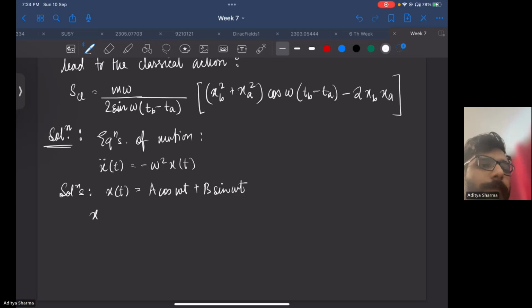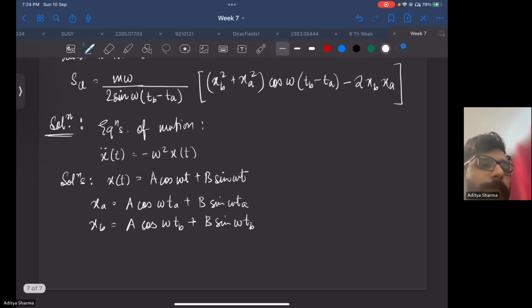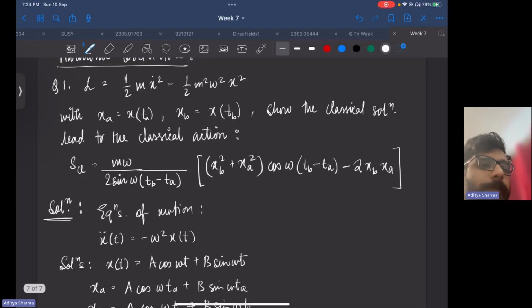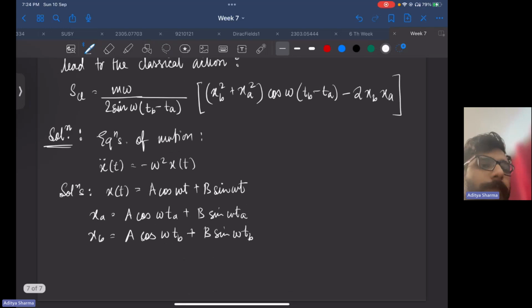And let's say xa is a cos omega ta plus b sin omega ta, and xb is a cos omega tb plus b sin omega tb. This is the solution. Now we'll just put it in the Lagrangian.